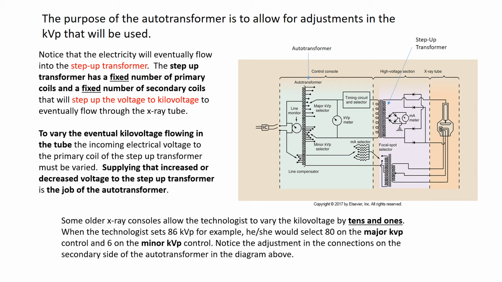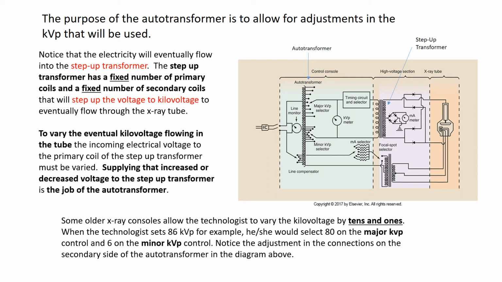And the reason for this is that if we look at the drawing, you can see that you've got major kVp and minor kVp selectors. Your major kVp selector is going to be selecting in increments of 10. Your minor kVp selector is going to be in increments of 1.